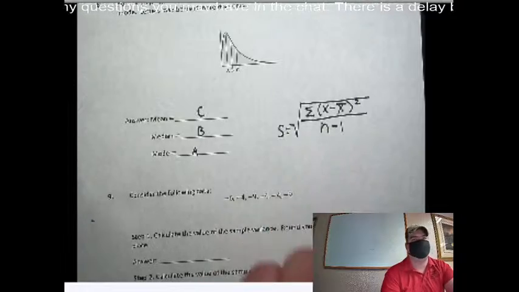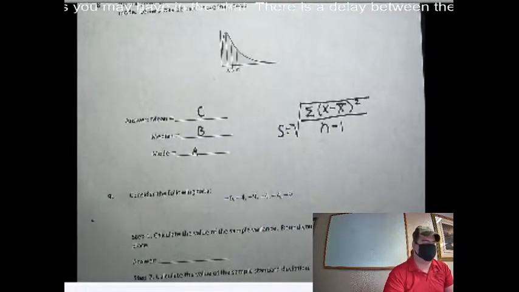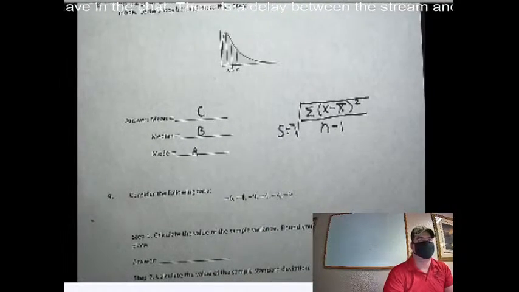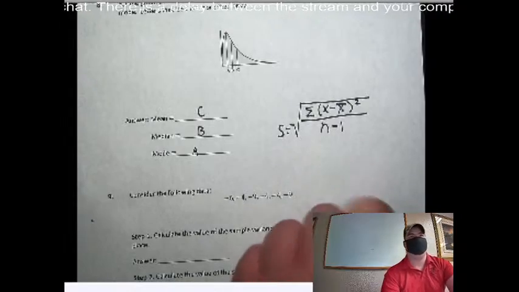And it's that n minus 1 that is different for a sample. If this was a population, it'd just be n.